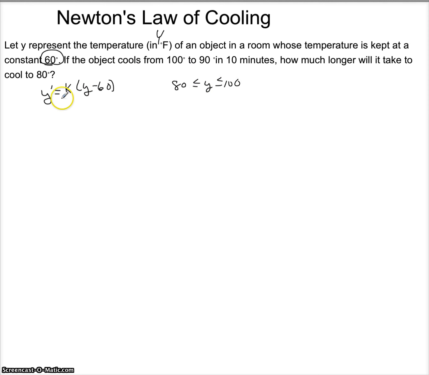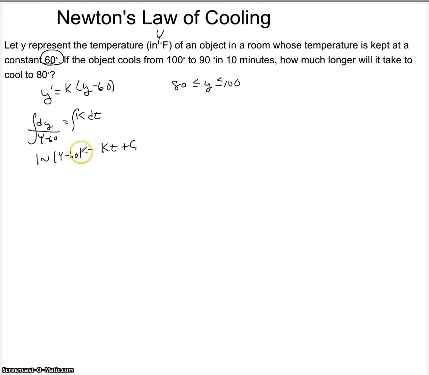Now let's solve this differential equation. I'm going to bring this over, so I have dy over y minus 60 is equal to k dt. Let's integrate both sides. I have the natural log of y minus 60 is equal to kt plus, let me call that, c1.